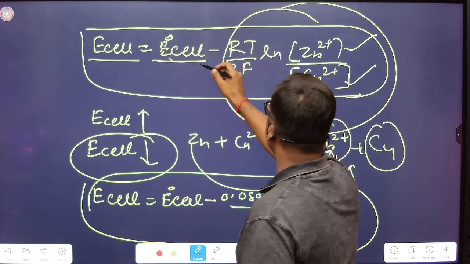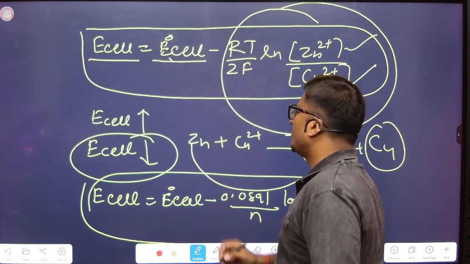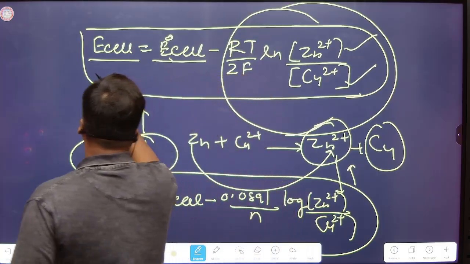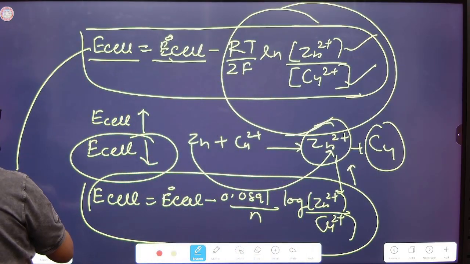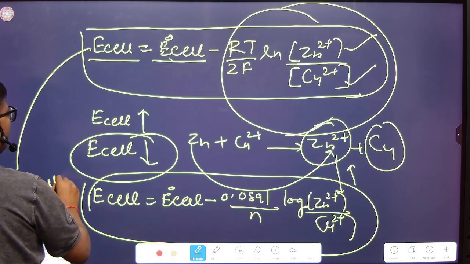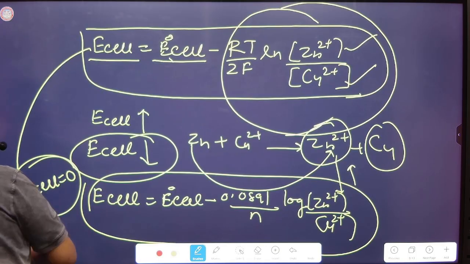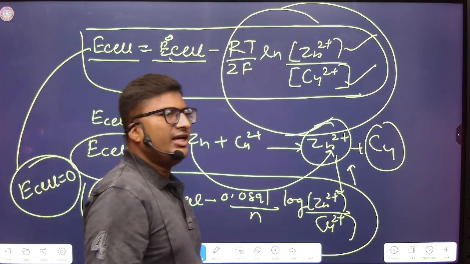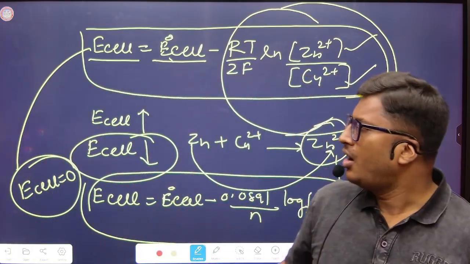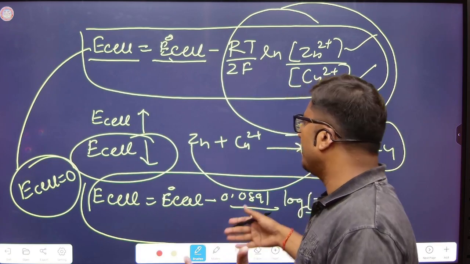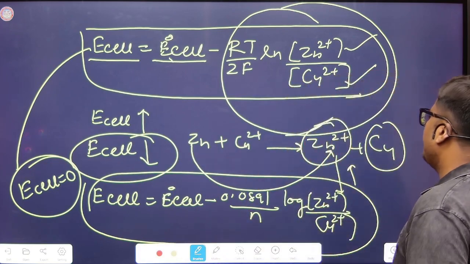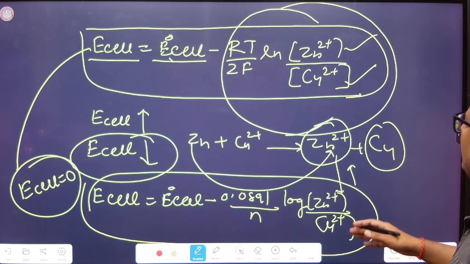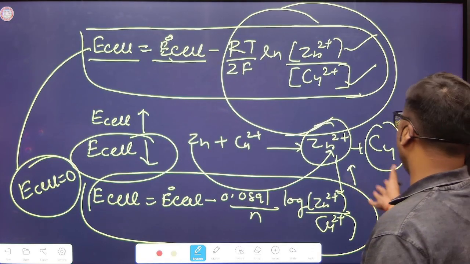So after a time E cell will be 0, right? If there is zero potential in the electrochemical cell, then the cell reactions are in equilibrium, right?